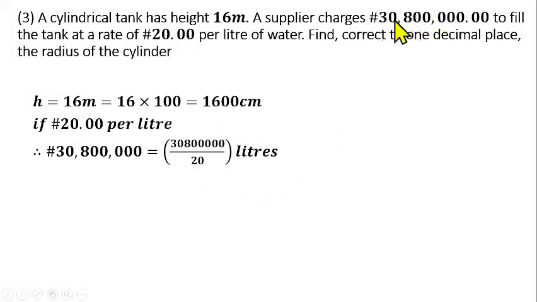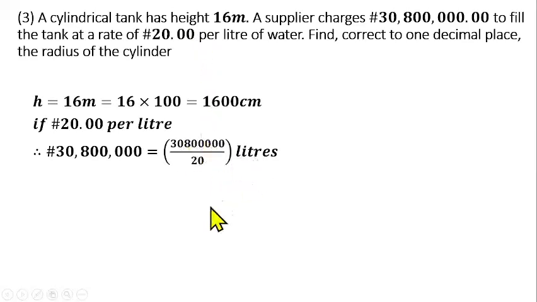This is per liter, and this is all the money paid to fill the tank. So that should be the total money paid divided by the rate per liter, which is 20 naira.